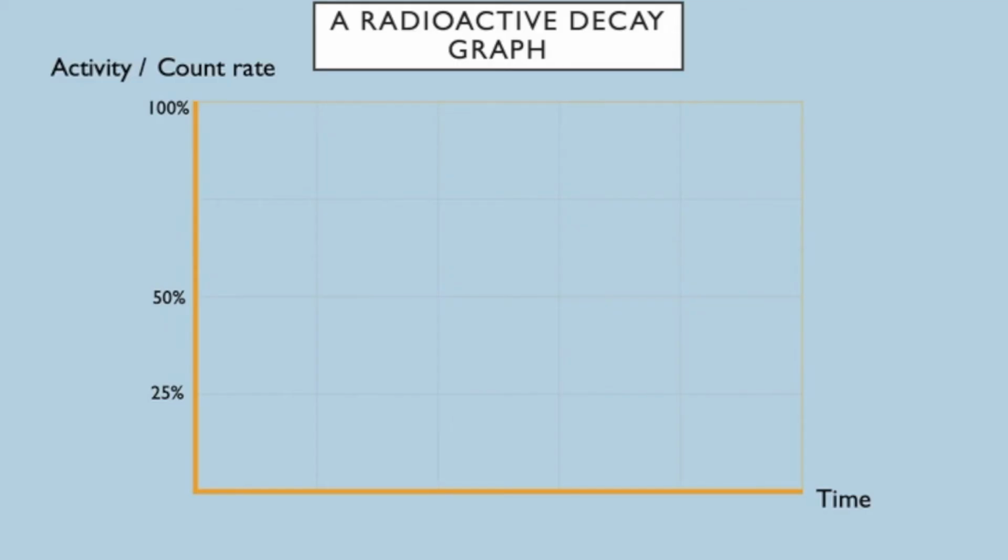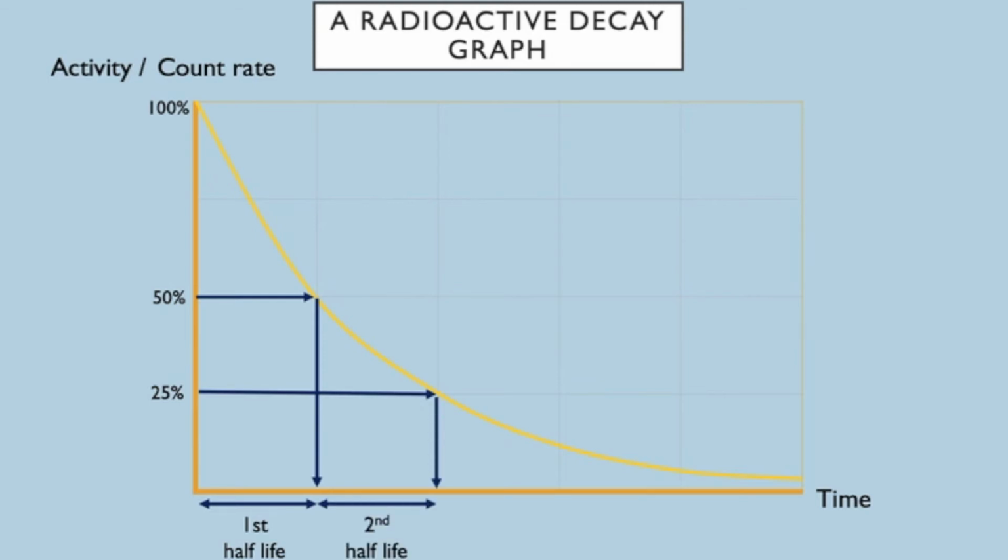So let's have a look at a radioactive decay graph then. We're starting off with 100% of the radioisotopes that are radioactive. They can give off radiation, and over time we'll get this exponential decay graph, and after 1 half-life I will be left with 50% of my radioisotopes. 50% of them will have given off radioactivity and will now be stable, and 50% of them will still be left.